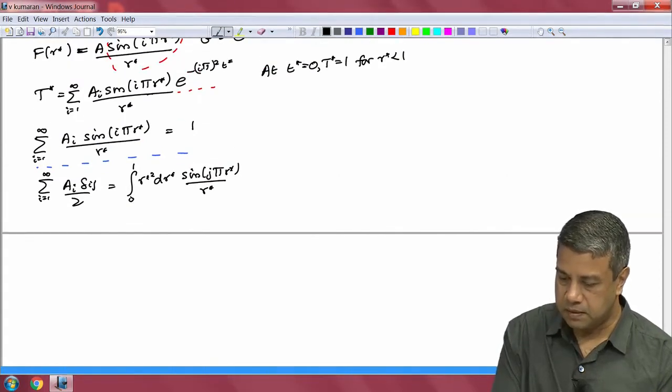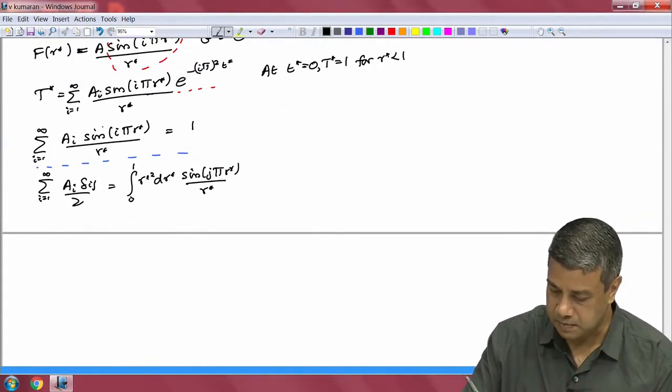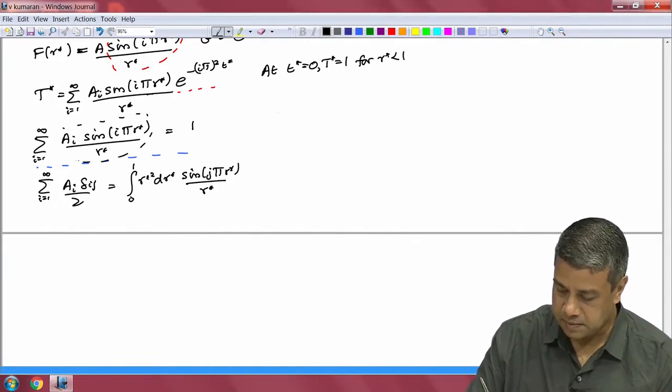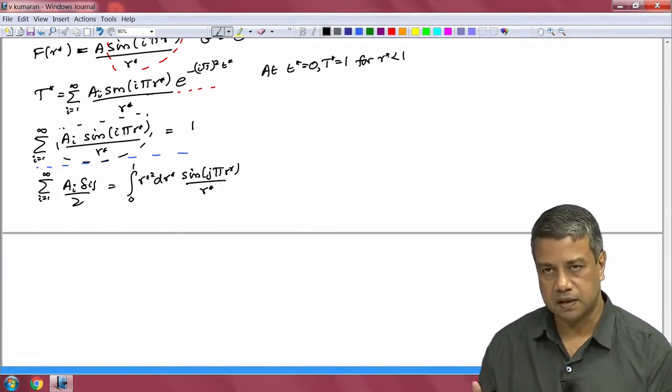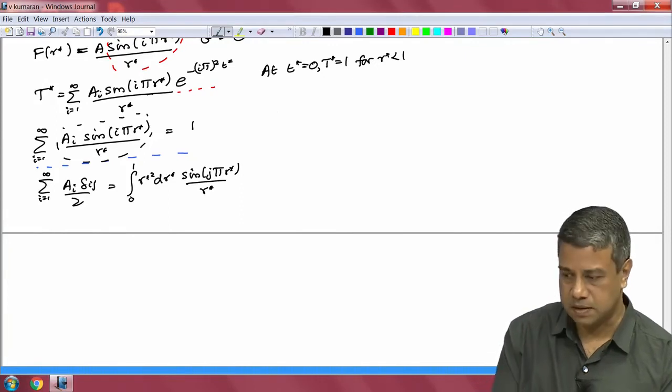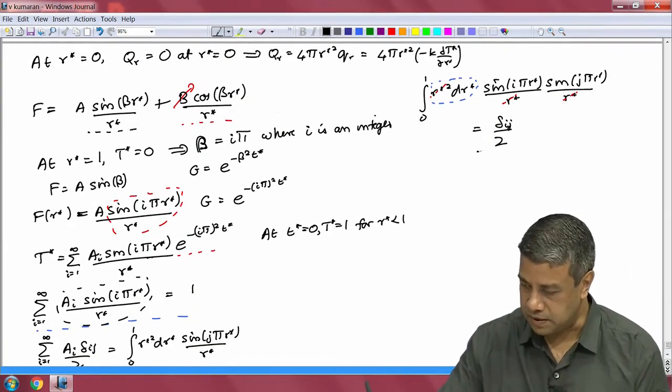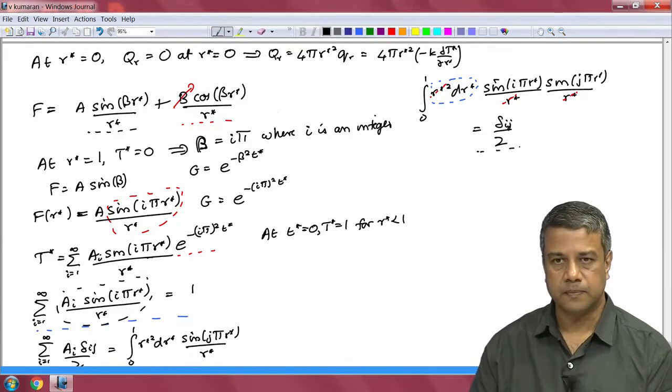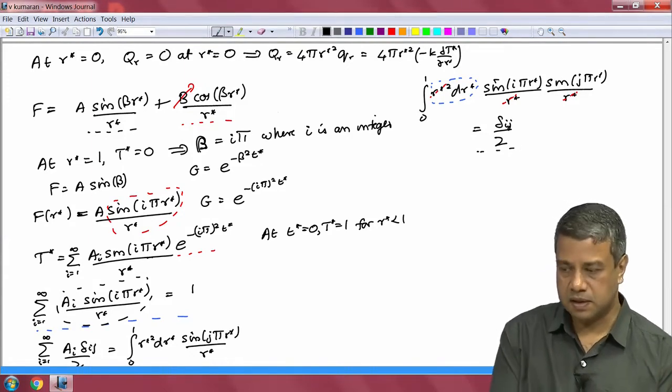And the left side, multiply this term here by sine j pi R, multiply by R square and integrate, you get A times delta_ij by 2, as I had shown over here, by relating this to what we got in a Cartesian coordinate system.